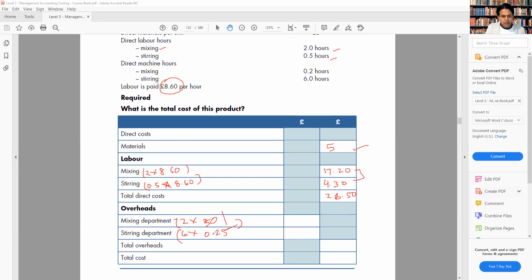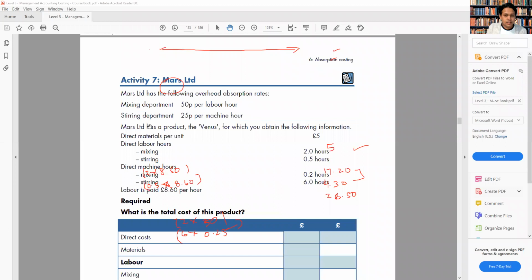So remember, we are not taking this machine hour because we are taking the labor hour for the mixing. Why? The question tells us the overhead absorption rate for the mixing department, so 50 pence per labor hour. So mixing department links with the labor and string department links with the machine.